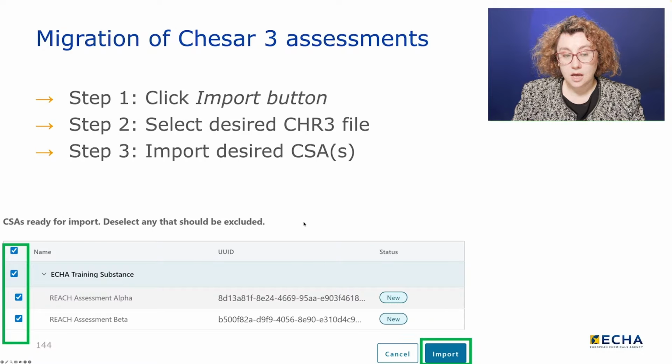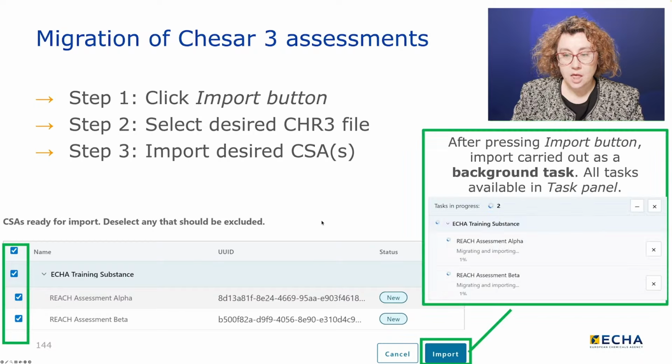You simply select the ones that you want and you press import. After pressing import, the importing and the migration will be carried out as a background task. This means that you can start doing something else, and this will be happening in the background, and you will have a task panel to see the progress.